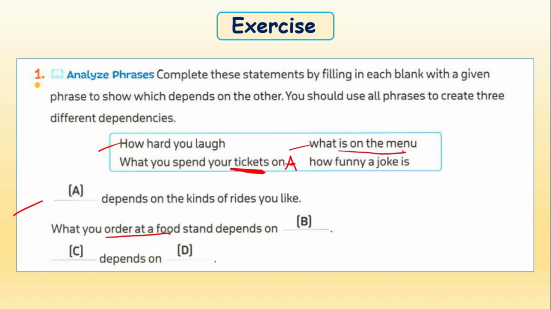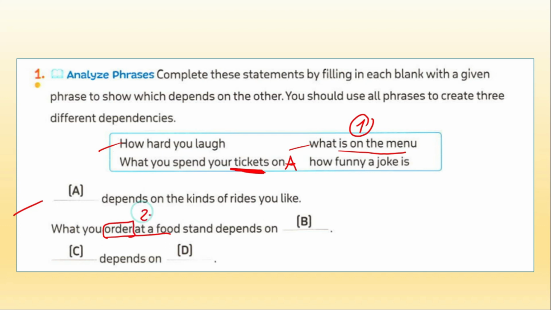You first have to know what is on the menu, and then you decide what your order will be. So the first action, what is on the menu, is the independent one, and the second action, how you determine the order, is the dependent one. We try to remember the meaning of the concept so we get used to it. So this will be b.